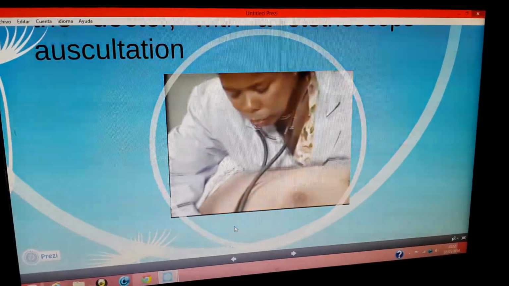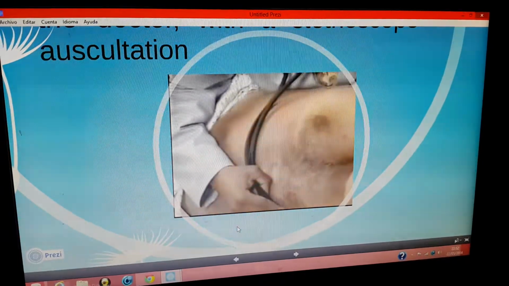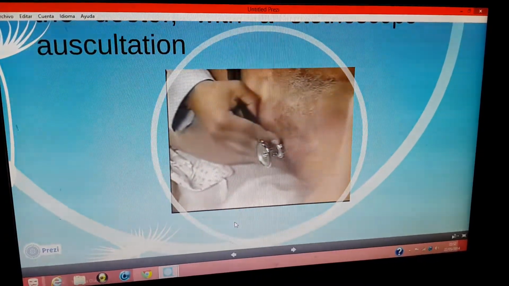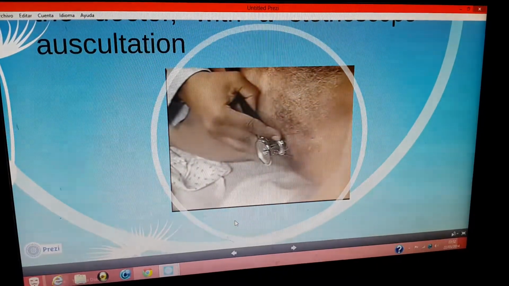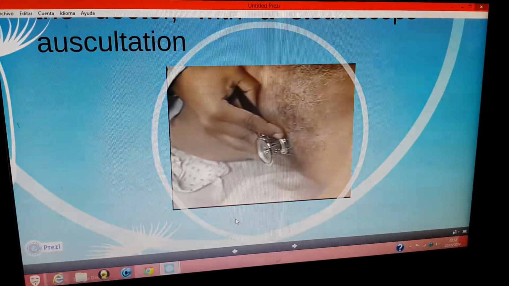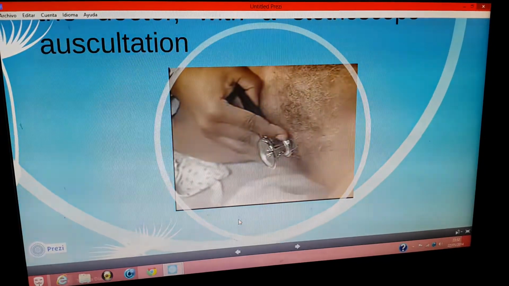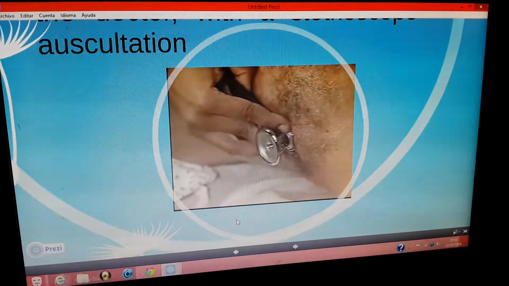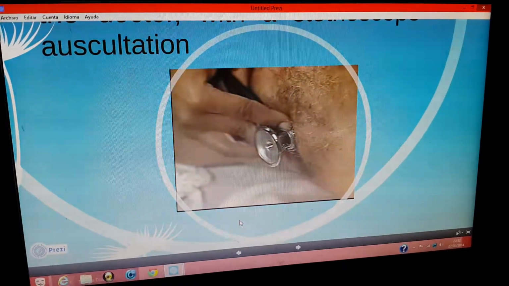If the patient had an audible S3, it would sound like this. Notice how the third heart sound disappears when the bell is placed more firmly on the chest wall.